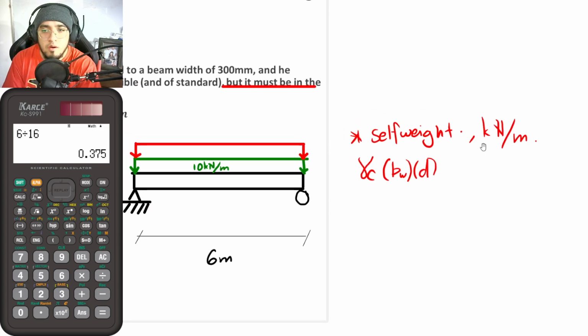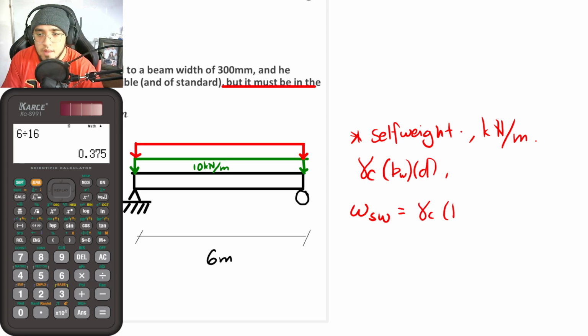Okay, so in our loading here, substituting known values, I will now be naming this as omega self-weight for the uniformly distributed load. This is now equal to, once again, the unit weight of concrete times B sub W times D.